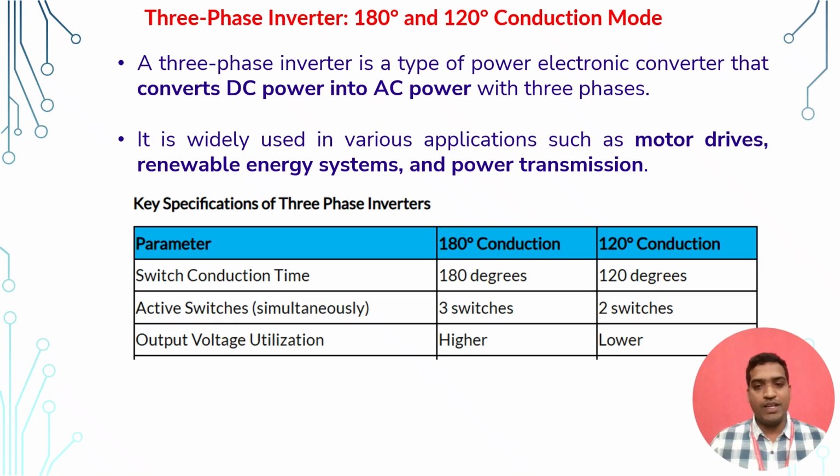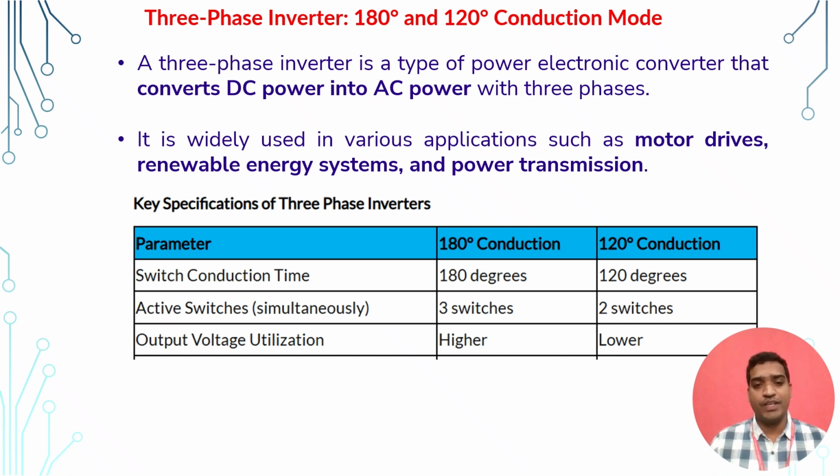Coming to the inverter structure, in either the 180-degree or the 120-degree conduction mode, we are using 6 power electronic switches with anti-parallel 6 diodes. The switch conduction time in 180-degree conduction mode is 180 degrees, and similarly, in 120-degree conduction mode it is 120 degrees.